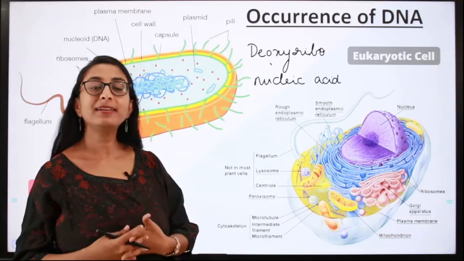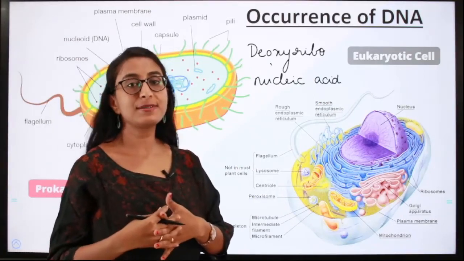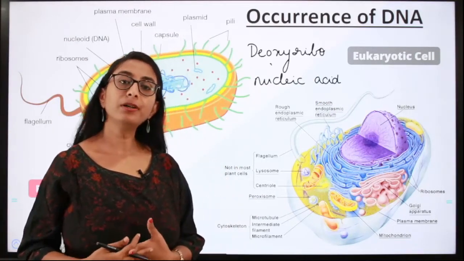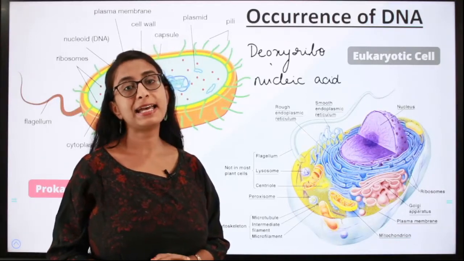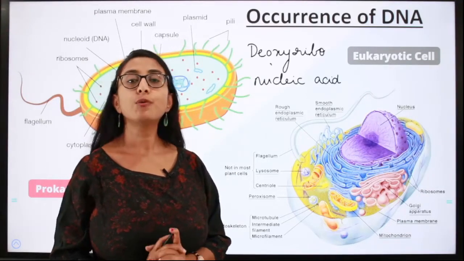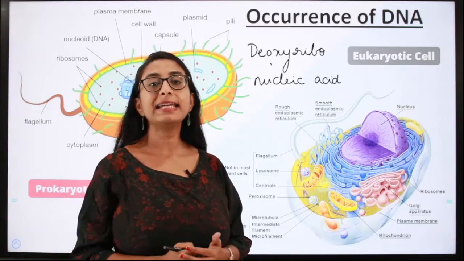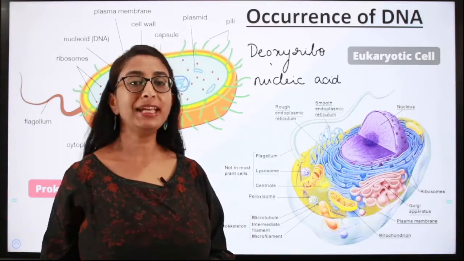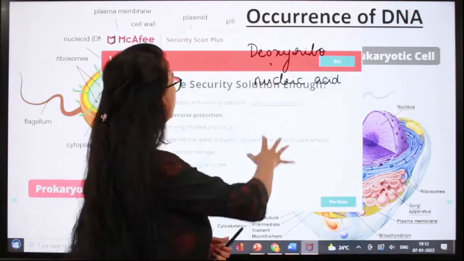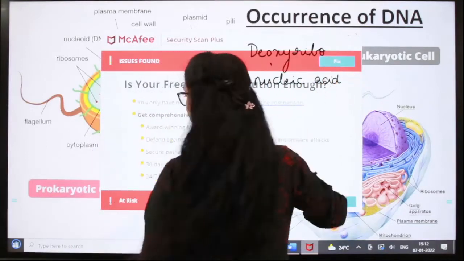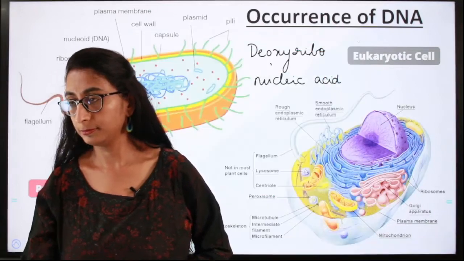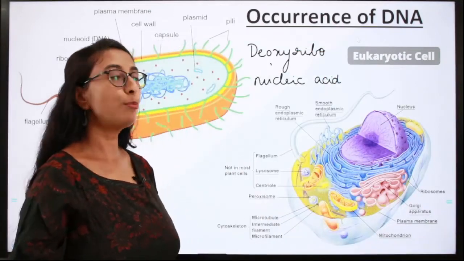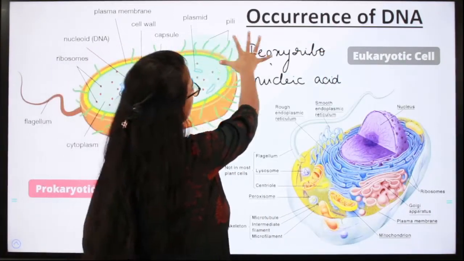The genetic material in most of the organisms is DNA. However, we do have certain organisms which have RNA as the genetic material. So what is RNA? RNA is ribose nucleic acid.